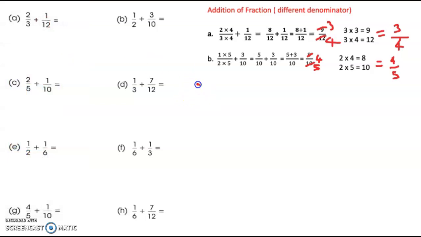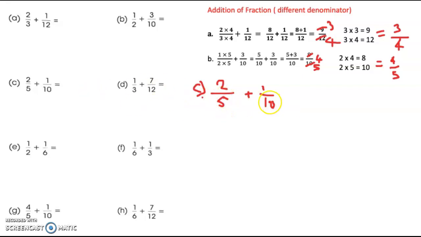So this C is equal to 2 over 5 plus 1 over 10. Now I check whether 10 is a multiple of 5.